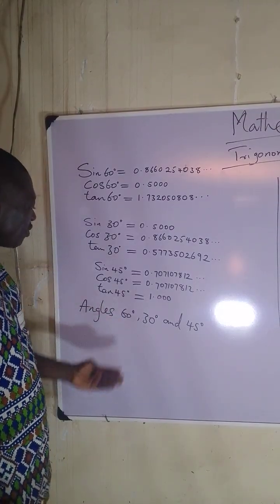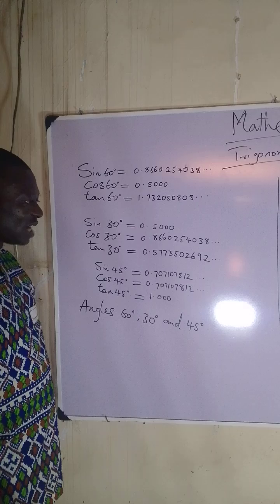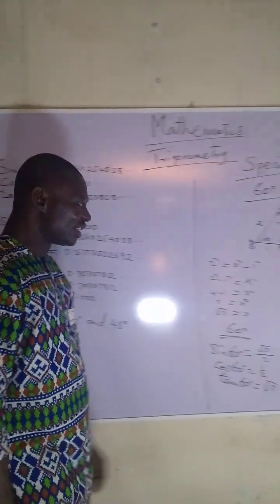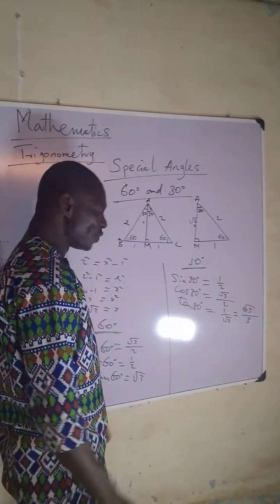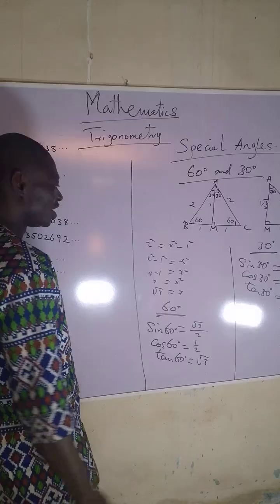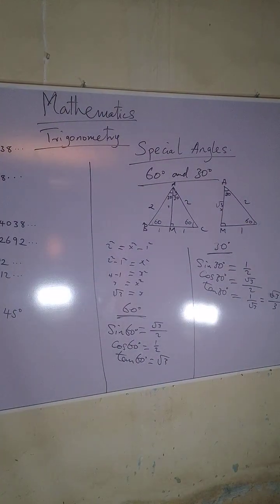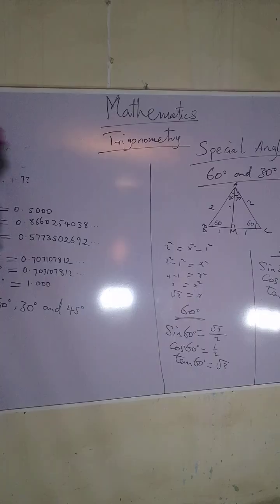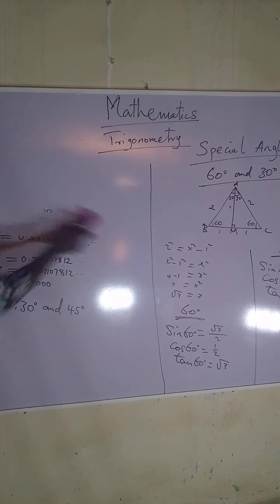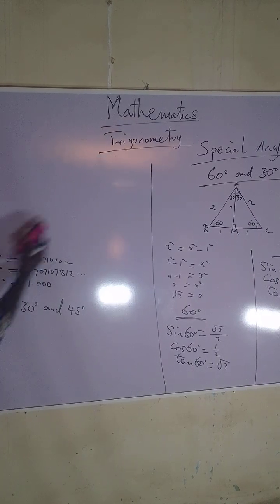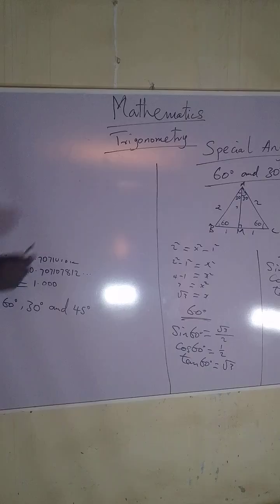Let us complete that of 45 degrees. Angle 45 degrees. In getting angle 45 degrees, we need to have a different diagram that will produce the angle.